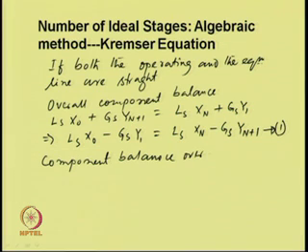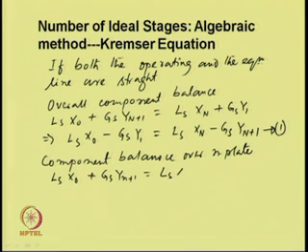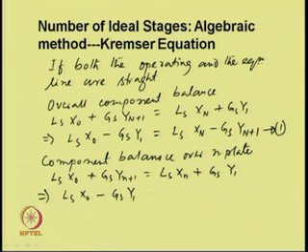Similarly, for the component balance over n plate, we can obtain L s x naught plus G s y n plus 1 is equal to L s x n plus G s y 1, and from this we can obtain L s x naught minus G s y 1 would be equal to L s x n minus G s y n plus 1.